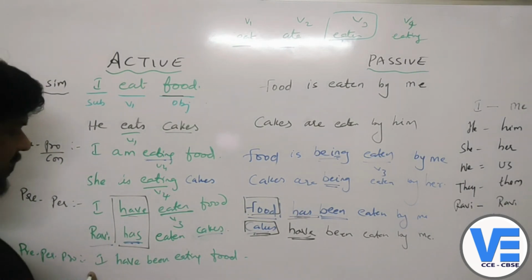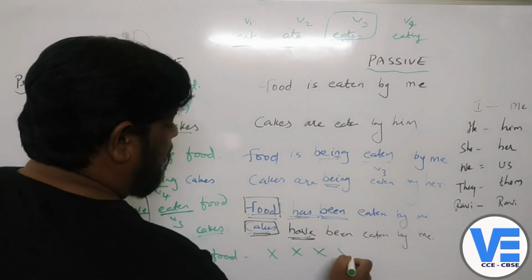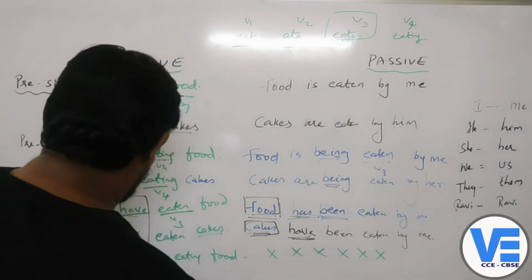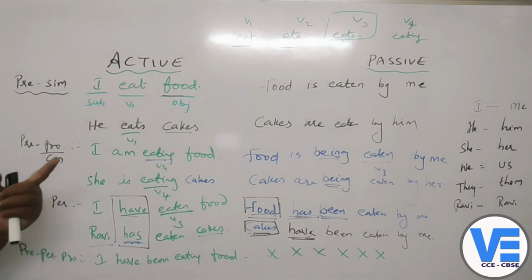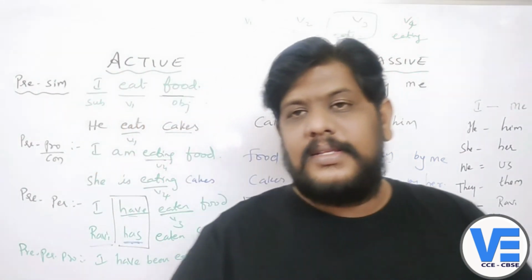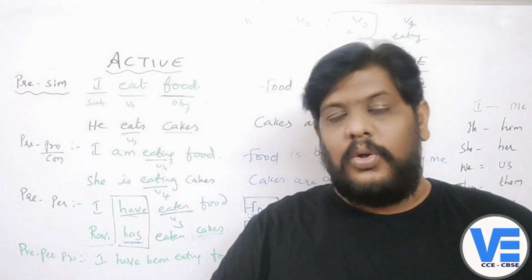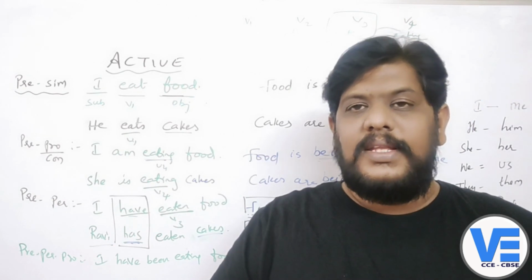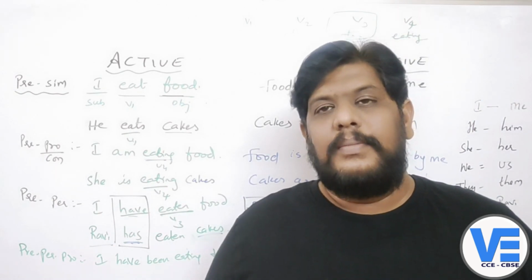So children, these particular sentences, which are the present perfect continuous, past perfect continuous and future perfect continuous, they don't have the passive voices. So see here, present perfect continuous, past perfect continuous, future perfect continuous, and also future continuous. All these four won't have the passive voices.